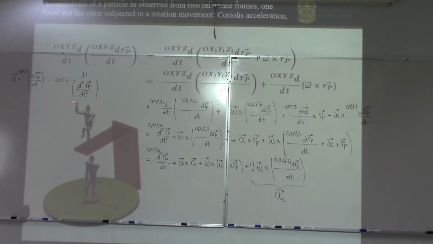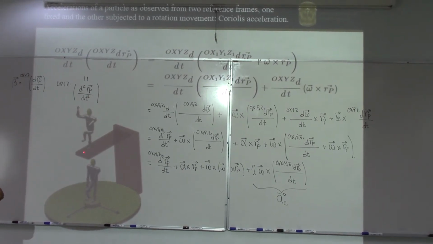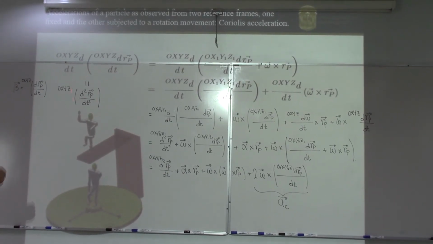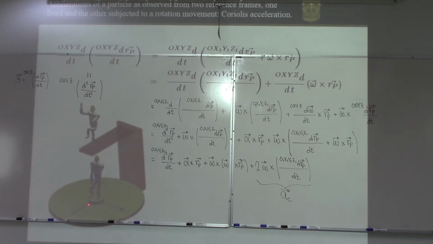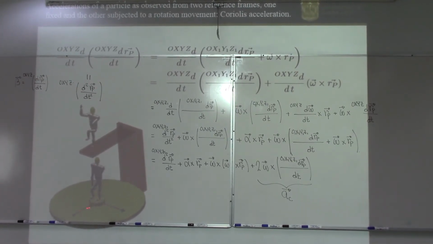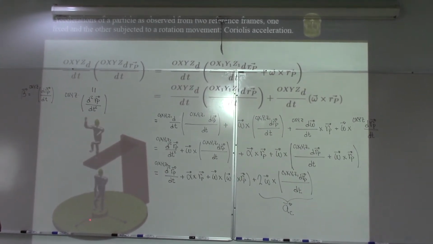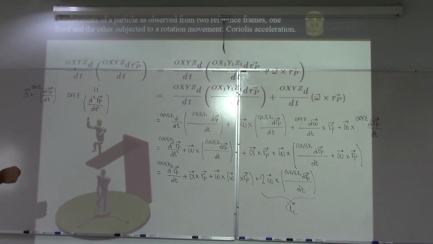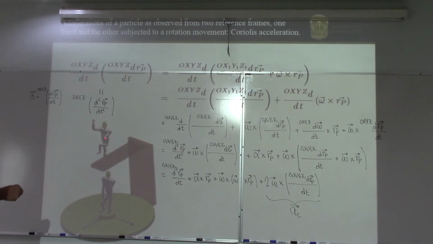And the fixed reference frames will be the person represented fixed in this structure. So this term should be the acceleration that this person sees on the rat as the rat goes away or tries to run away from the carousel. This term should be the acceleration of the rat as seen from the fixed reference frame.